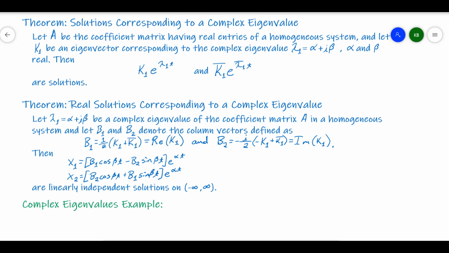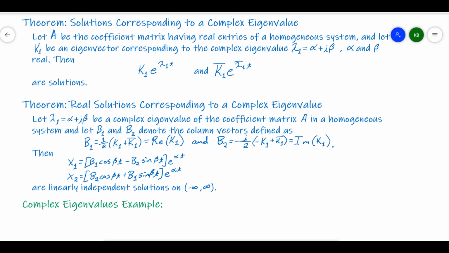So let's take a look at what that looks like when we change it into real numbers, because we like working with real numbers more than keeping things in complex numbers. As much fun as it is to have conjugates of eigenvalues and vectors floating around. So, a theorem about the real solutions corresponding to a complex eigenvalue. We have lambda 1 equals alpha plus i beta again. It's a complex eigenvalue, a coefficient matrix A, in a homogeneous system.